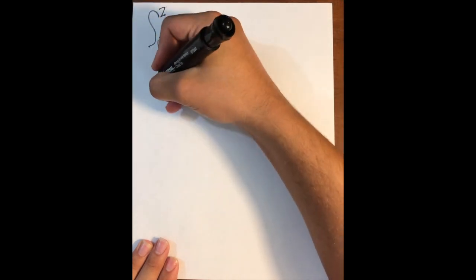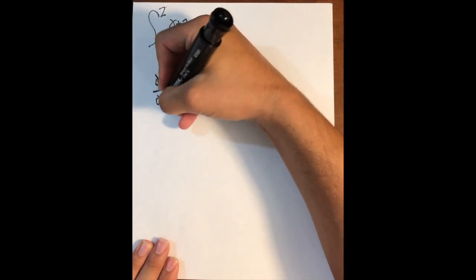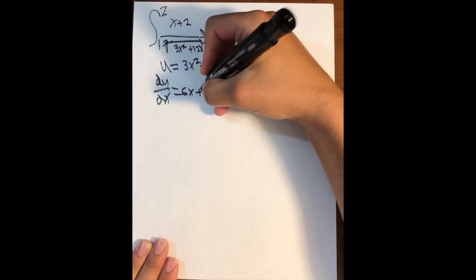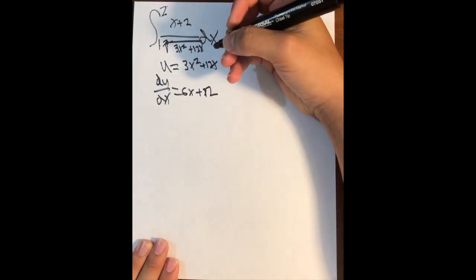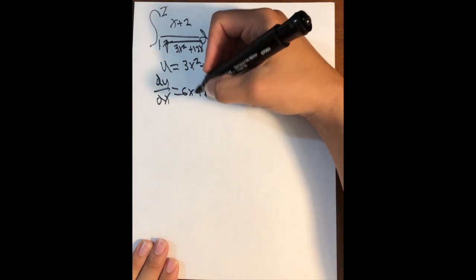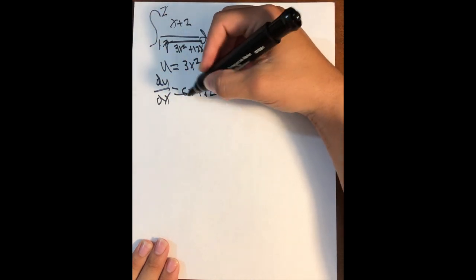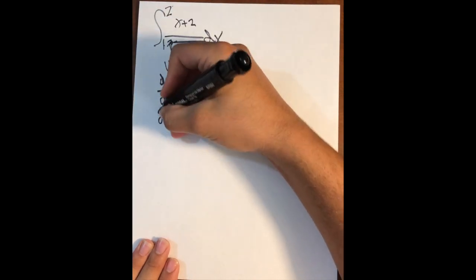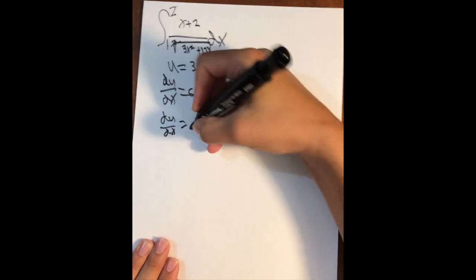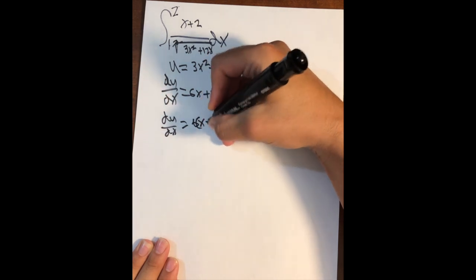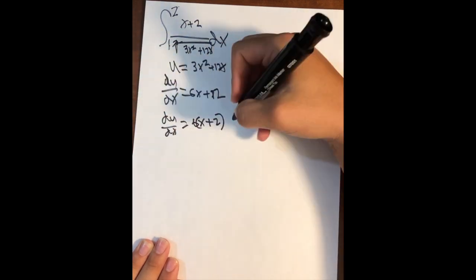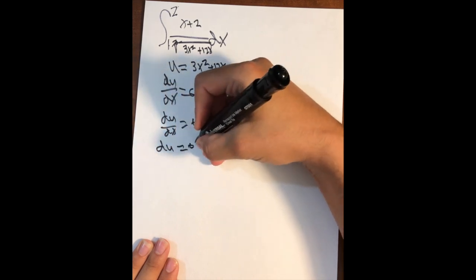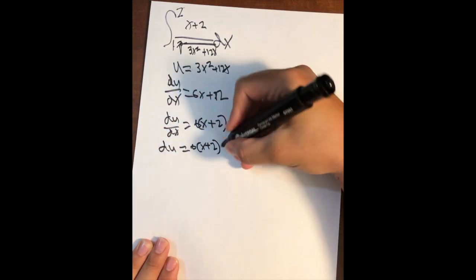And then we take the derivative, which is du dx, because we take it with respect to x, is equal to 6x plus 12. Now, we need to get an x plus 2 in here, and we can if we take out the 6, we get du dx is equal to 6 times x plus 2, and then we bring the dx over here, so du is equal to 6 times x plus 2 dx.